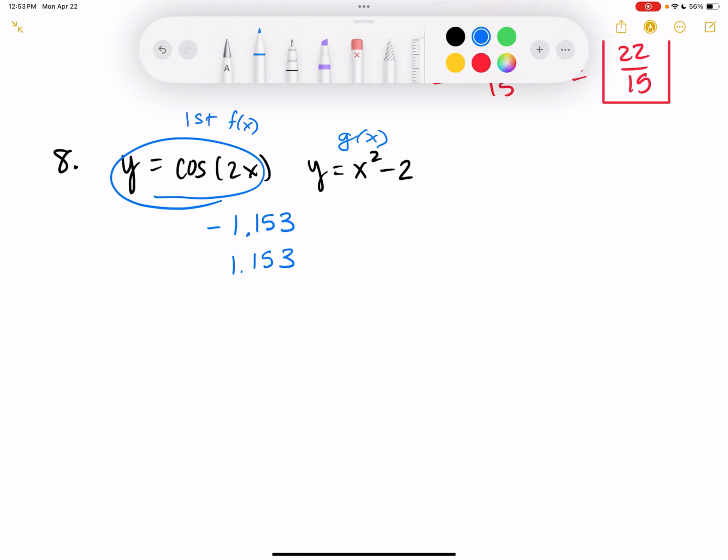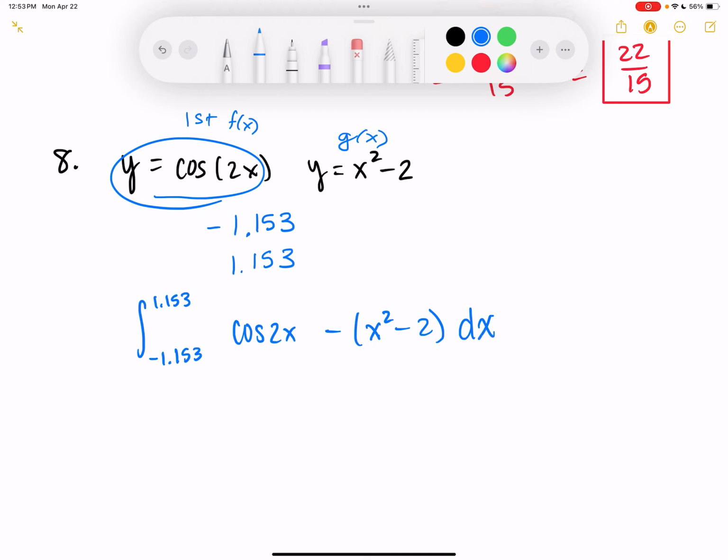So now we're going to use those values to set up our integral. It is going to be the integral from negative 1.153 to 1.153 of the cosine of 2x minus x squared minus 2 dx.